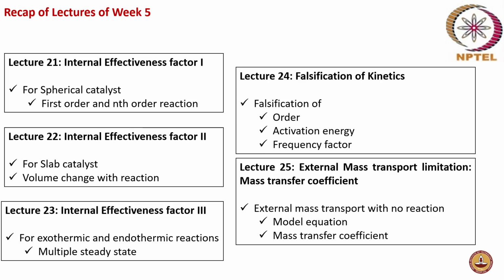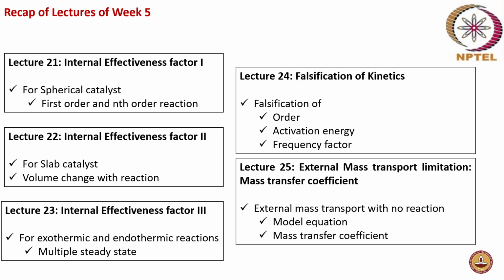In stage 1, there is external mass transport of the reactant from the bulk onto the catalyst surface. Similarly, in stage 7, there is external mass transport of the products from the catalyst surface to the bulk.